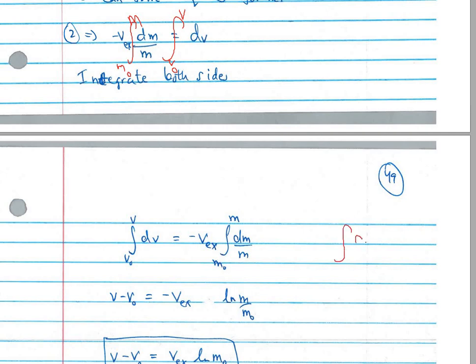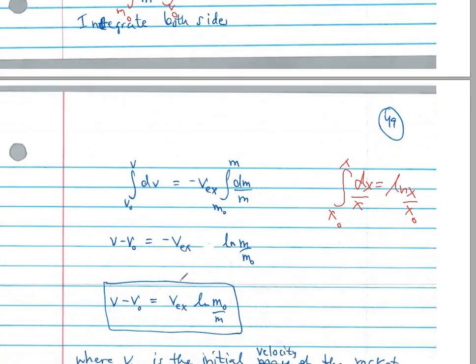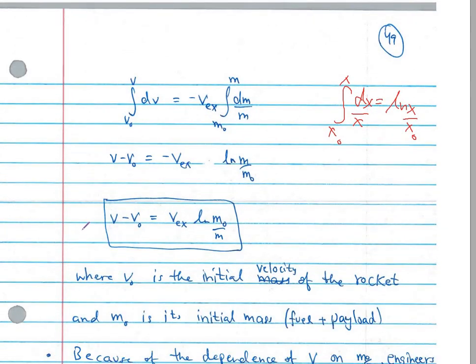And then remember the integral of dx over x from x naught to x is just log of x divided by x naught. And so we get that. We have an equation for the velocity of the rocket in terms of its initial mass and final mass, where this is the initial velocity of the rocket and this is the velocity of the exhaust.